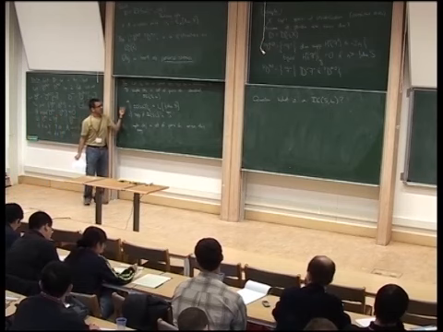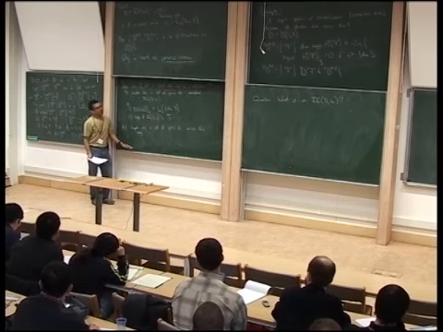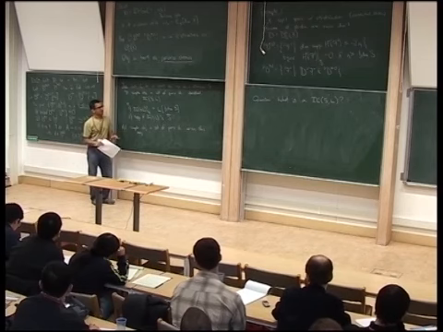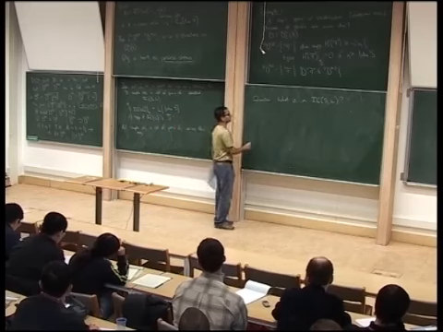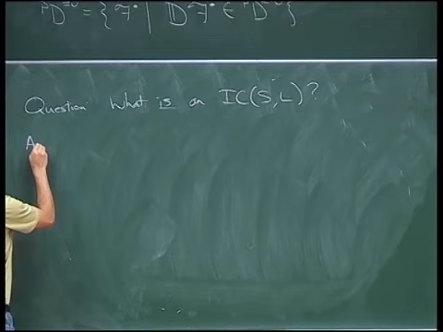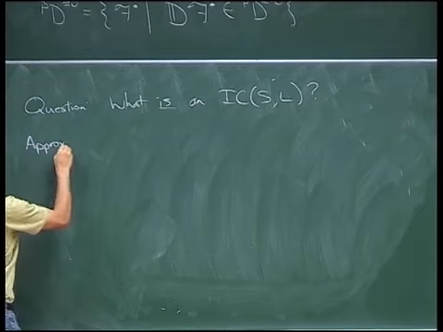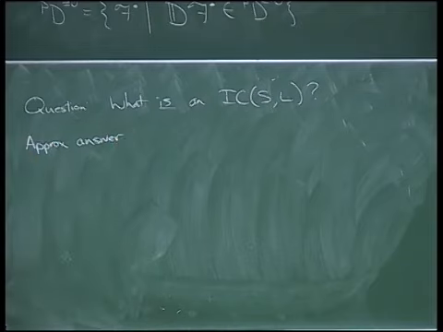But these are specific objects in the derived category of constructible sheaves. And it would be nice to write down a description of one. We're not going to write down a specific complex. We're going to write down sort of an approximate answer in some examples. And here's the kind of answer we're going to write down.